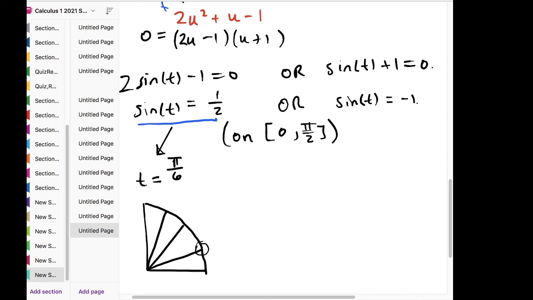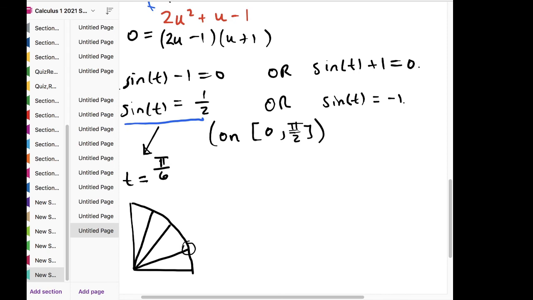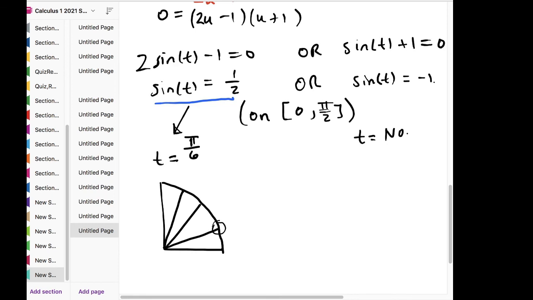But since it's just 0 to pi over 2, there's only one angle that satisfies. Okay, how about this one? Sine of t is equal to -1. Is there an angle between 0 and pi over 2 such that sine is -1? No. So the only critical number we have is pi over 6.